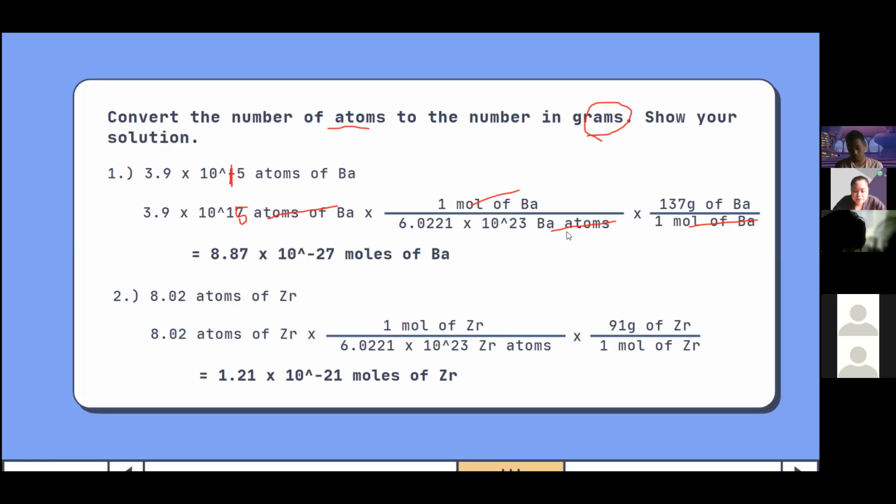Okay? So times 137 divided by sa baba, you only have 6.0221 times 10 raised to the power of 23. The correct answer is 8.87 times 10. Okay, let us recheck this.